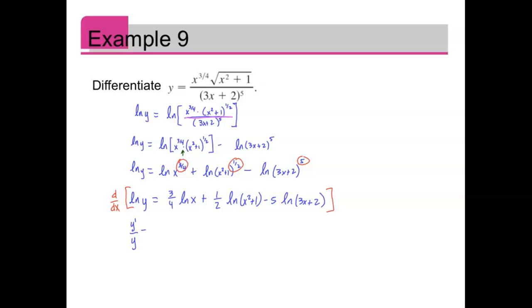So on the right-hand side, all of these are already written as functions of x, so we're just going to be taking the derivative of each logarithm separately. Remember the coefficient, this is just a constant multiple, so it just sticks around, it tags along, right? So derivative of natural log x is just 1 over x, so that first term just becomes 3 over 4x, right?